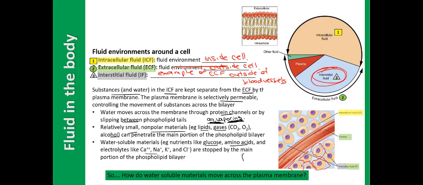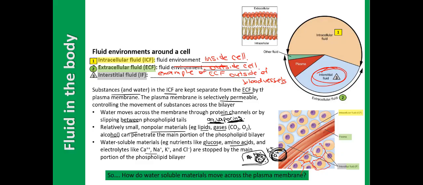And this begs the question: we have sodium and potassium inside and outside the cell. We know that a large part of sodium is found outside the cell, and most of the body's potassium is found inside the cell. So how do we ensure that levels of sodium are high outside the cell and levels of potassium are high inside the cell?